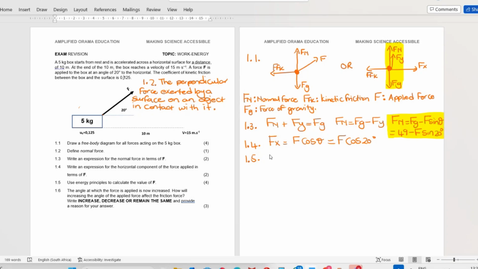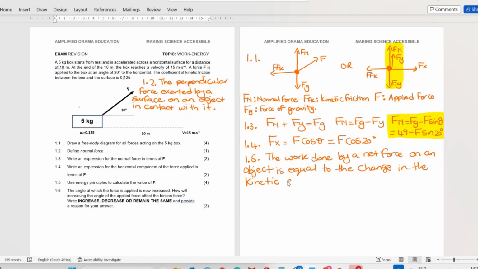The work energy theorem states that the work done by a net force on an object is equal to the change in the kinetic energy of the object.